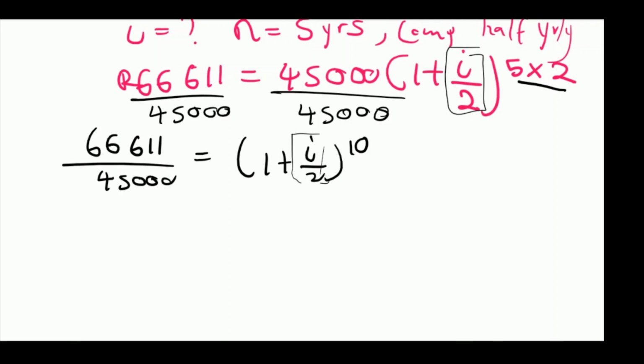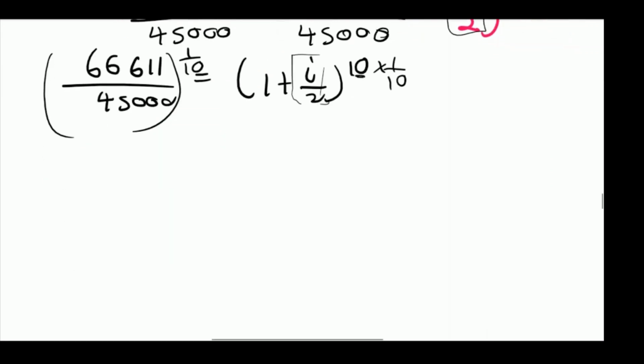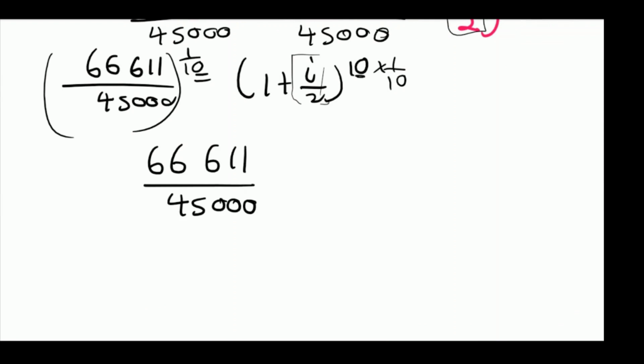So we can multiply by 1 over 10 to remove this 10 here, so we will have (66,611 over 45,000) to the power of 1 over 10 is equal to 1 plus i over 2 now, right?